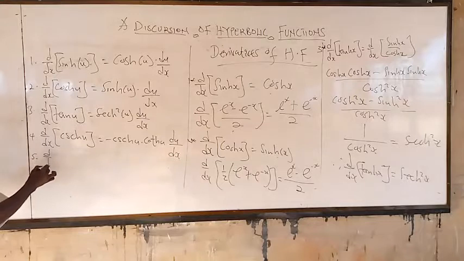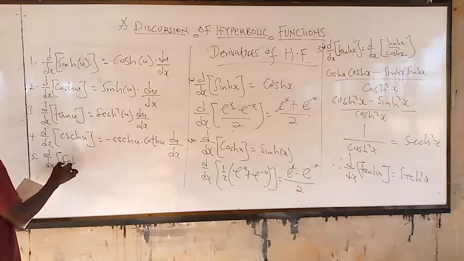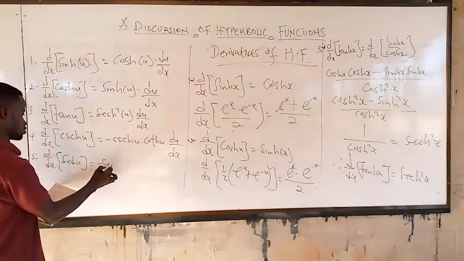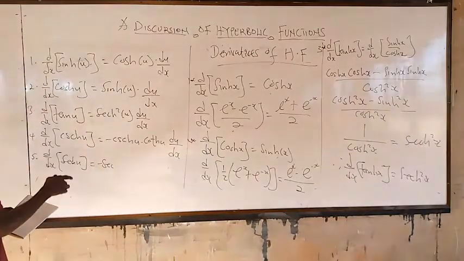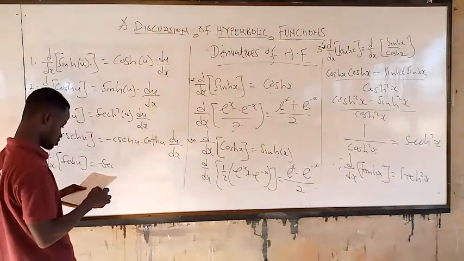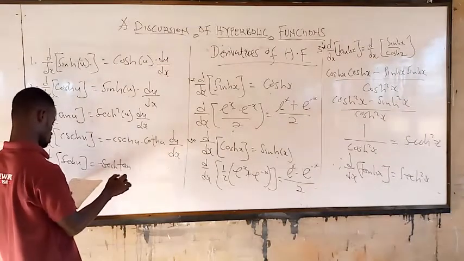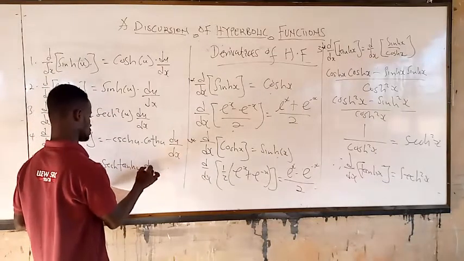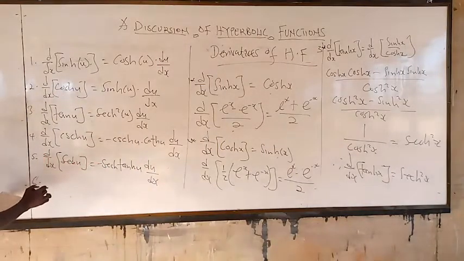Fifth one, here you get it to be negative, here to be negative. In fact, the one that is, you get it to be negative. du ds. 6.